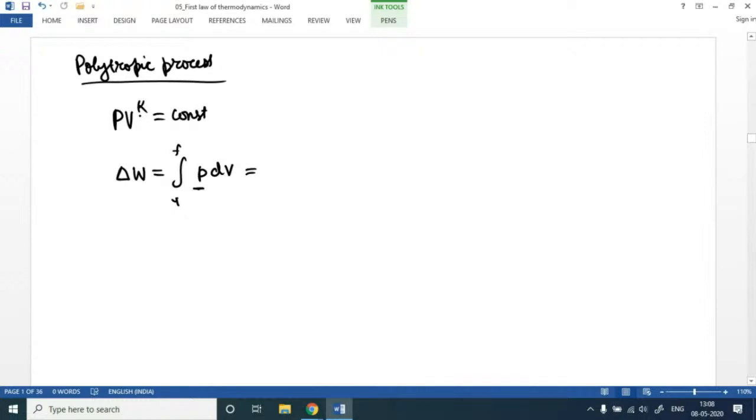The only difference is that in place of gamma, we now have K. So let's skip those steps and simply write the final equation: P1 V1 minus P2 V2 upon K minus 1, or alternatively you can also write it as minus nR delta T upon K minus 1.